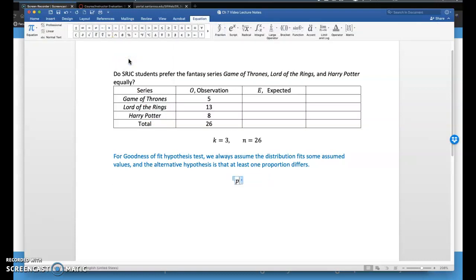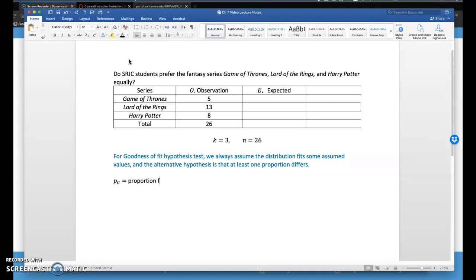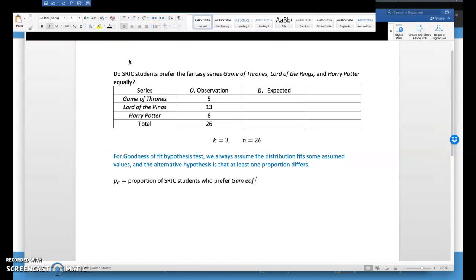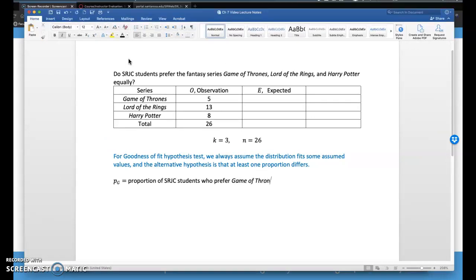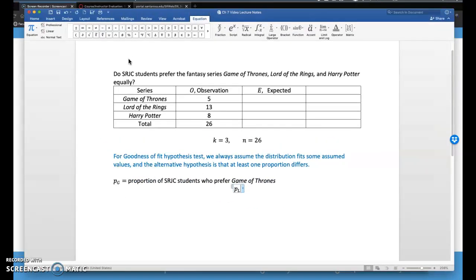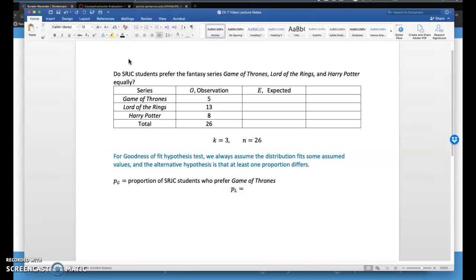I'm going to let P sub G equal the proportion of SRJC students who prefer Game of Thrones. I'm going to let P sub L equal the proportion of all SRJC students who prefer Lord of the Rings.